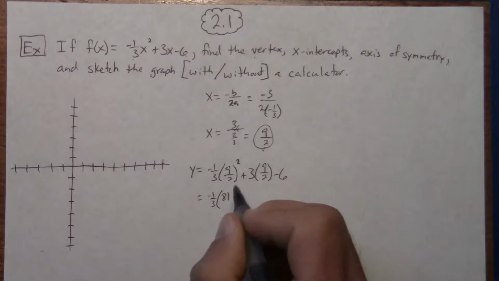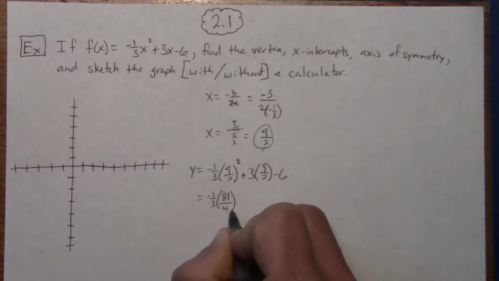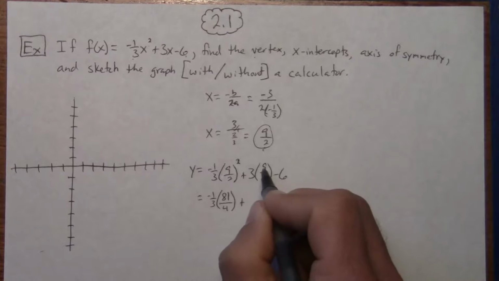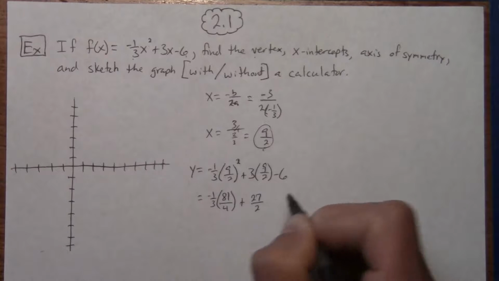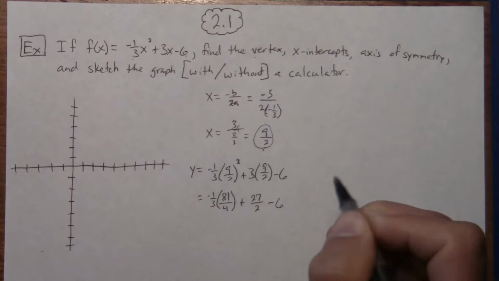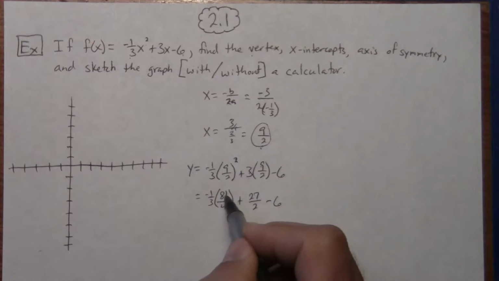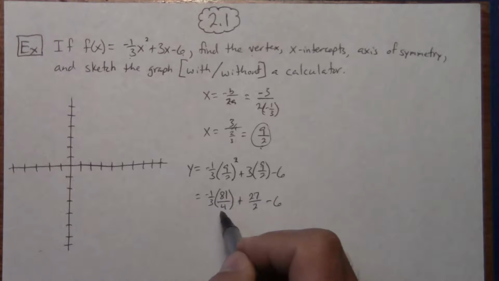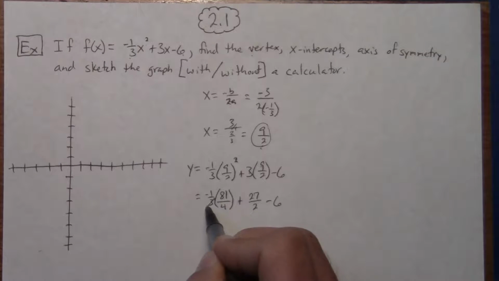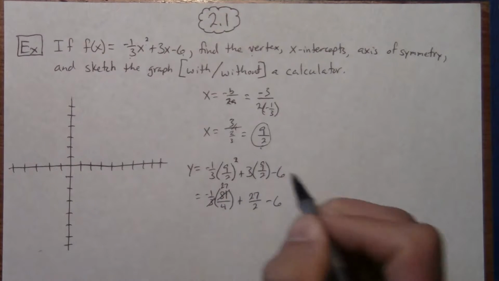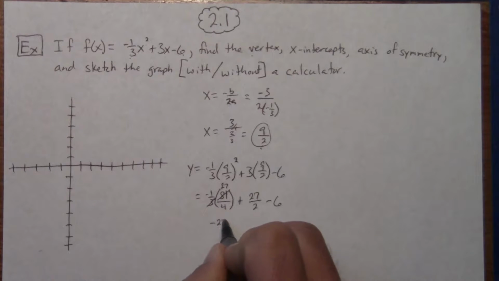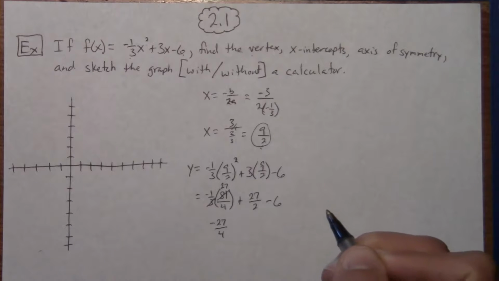It's 81 over 4. Here, I'm just going to multiply my numerators together to get 27 over 2, and then I'm just going to leave the 6 alone for now. Anytime you're going to multiply something like this together, you want to try to simplify if you can, and I know that 3 will go into 81 27 times. So that first number is actually negative 27/4.